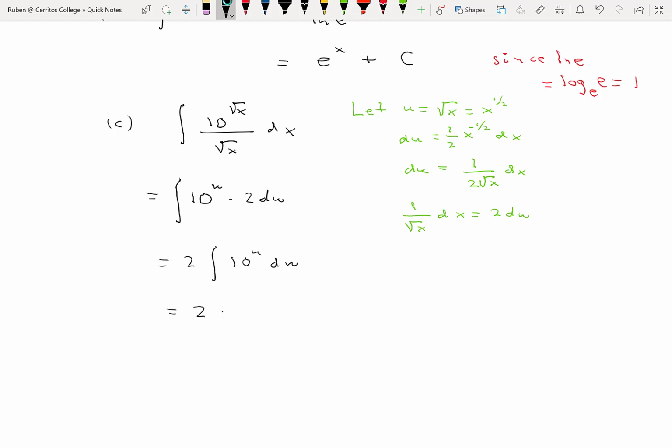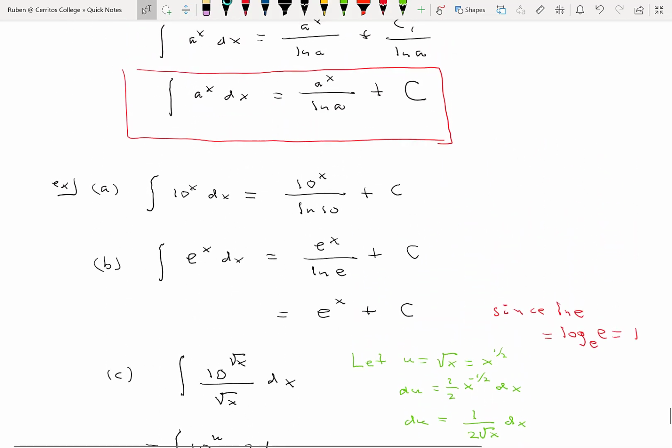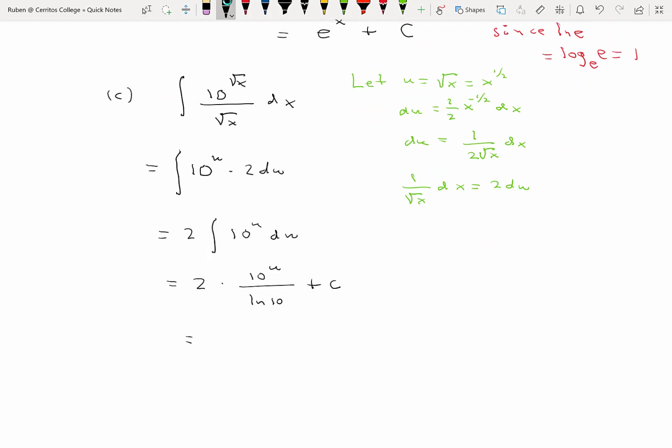Basically, the integral of 10 to the u is 10 to the u over the natural log of 10, from our integral formula that's squared off in red up there. u was the square root of x, so this is 2 times 10 to the square root of x divided by the natural log of 10, plus a constant.